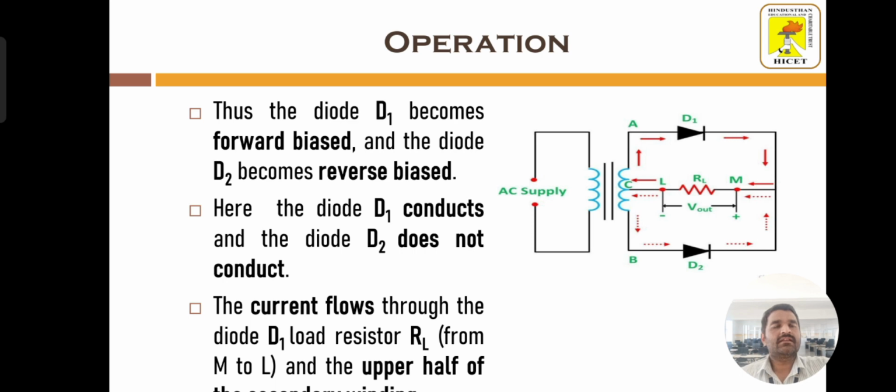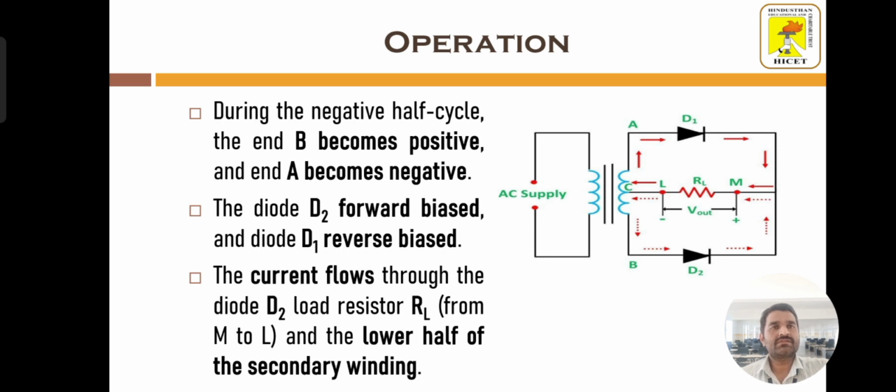This will make the diode D1 forward biased, that is the current transfers from anode to cathode, and correspondingly the diode D2 reverse biased, so D1 will conduct during the positive half cycle and at the same time D2 will not conduct. During the positive half cycle, the current flows from A through D1 and RL to C. That is, the current is traveling only in the upper part of the secondary winding.